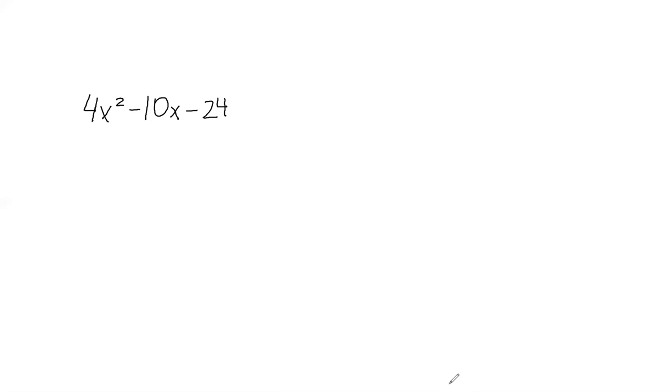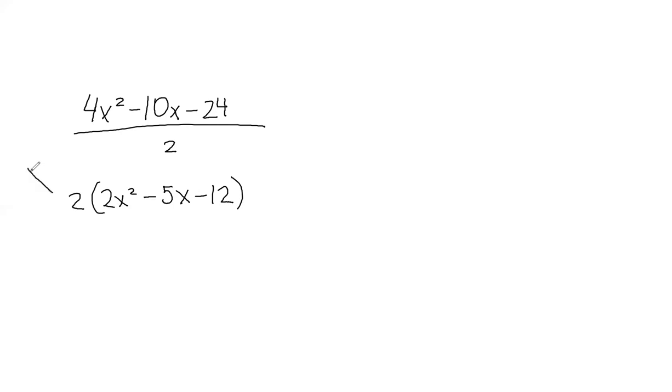And this one does have one. All 3 of these numbers, 4, -10, and -24, are all divisible by 2. When I divide them all by 2, we get 2x squared, -5x, and -12. So when I factor a 2 out, it looks like that.